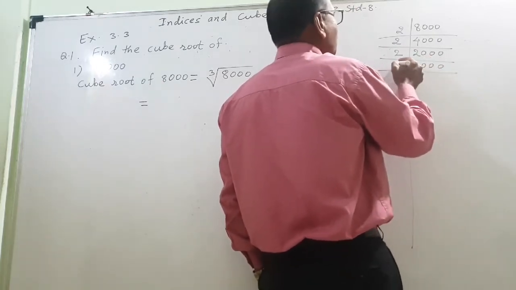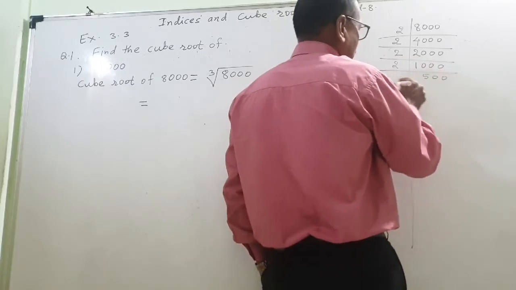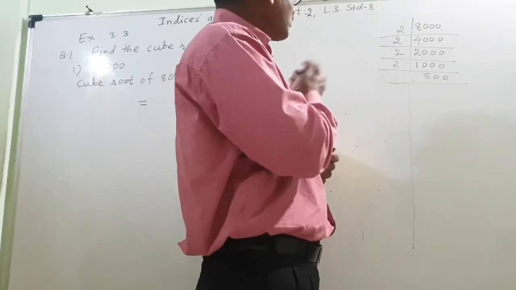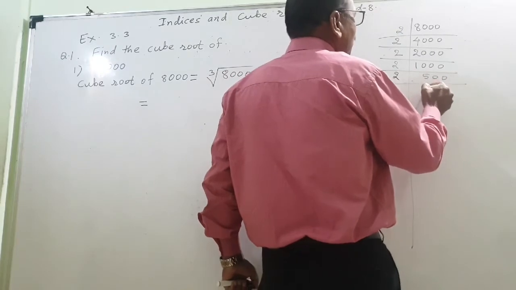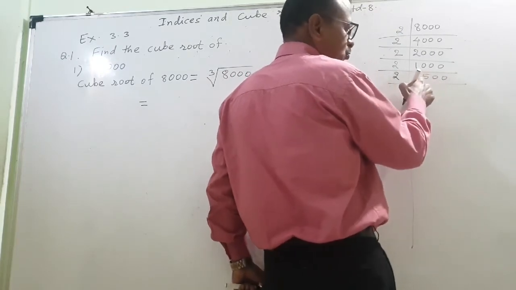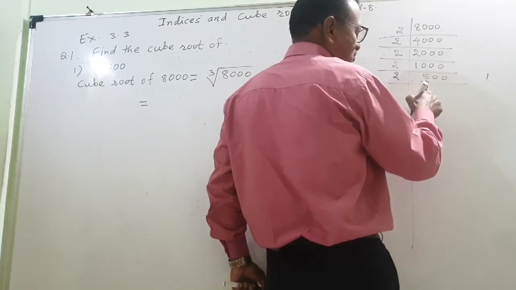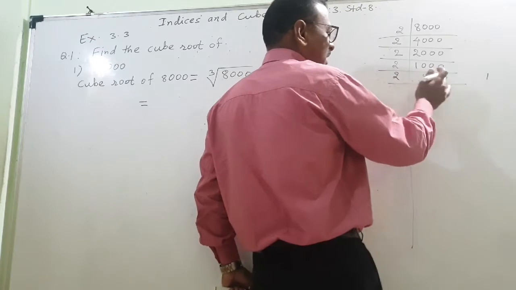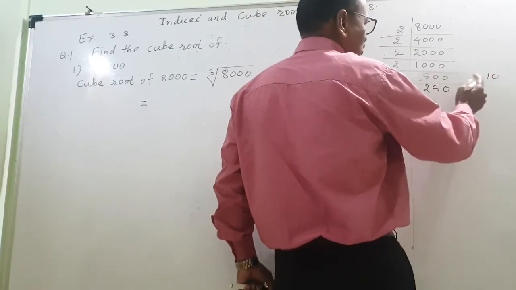Then again by 2: 2 5s are 10, 0, 0. So I will change the pen. Then again by 2: 2 4s are 8, remains 1. See here, 4 remains 1, isn't it? Then take this 0, 2 5s are 10 and 0.